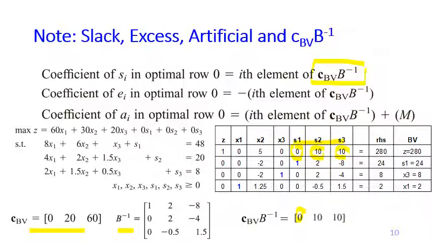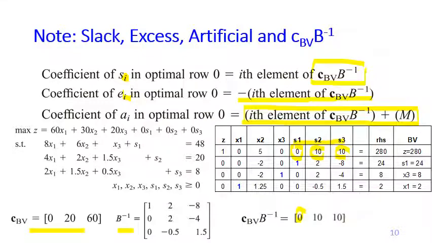What if you have excess variables or artificial variables? You may use this formula to read the result from CBV B inverse. You need to be careful though that when you number the slack, excess, and artificial variables, they must follow the numbering of the constraints. S1 is always for the first constraint.